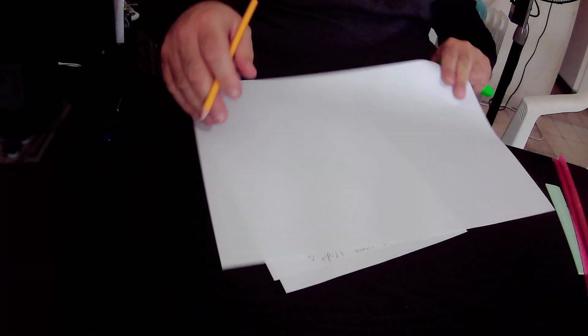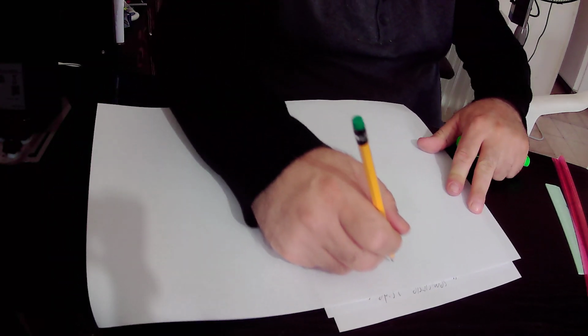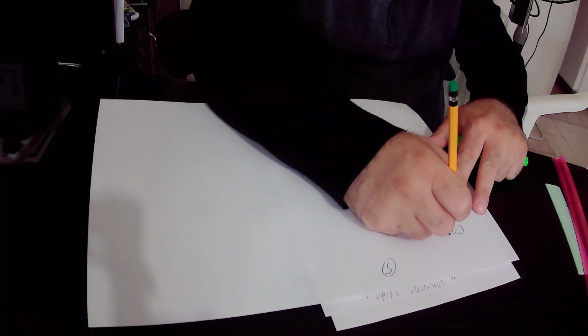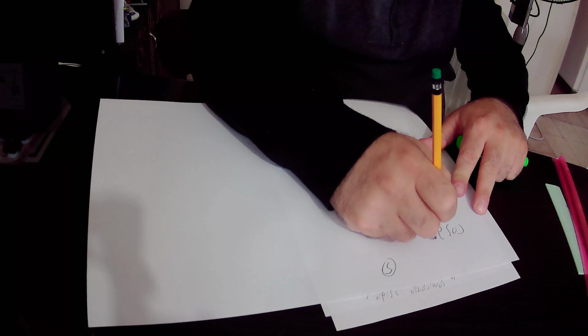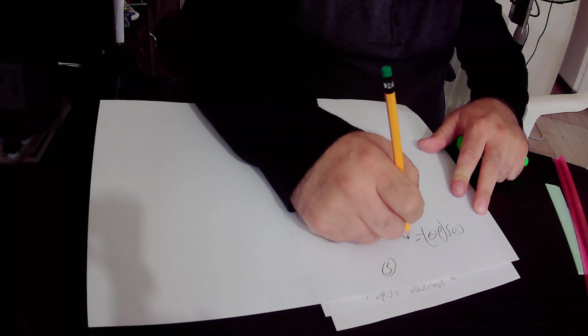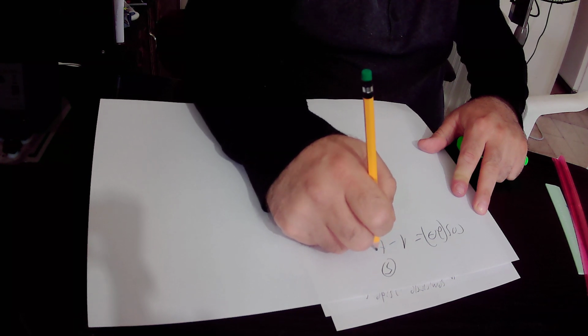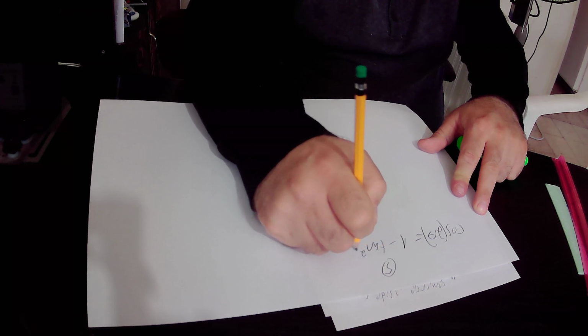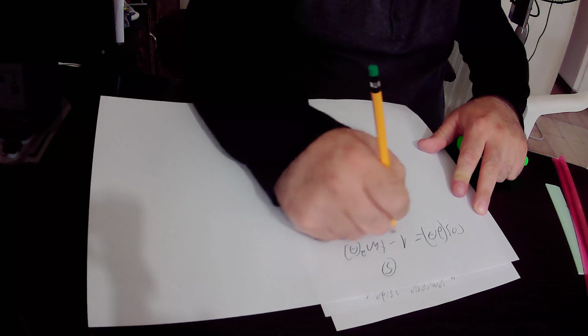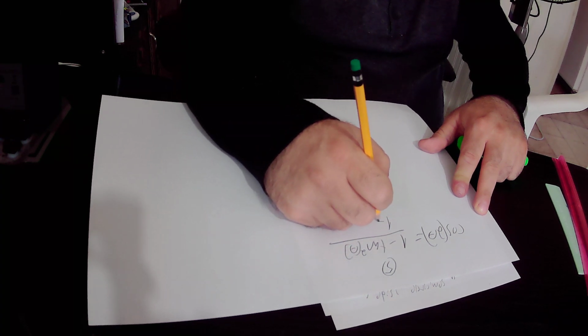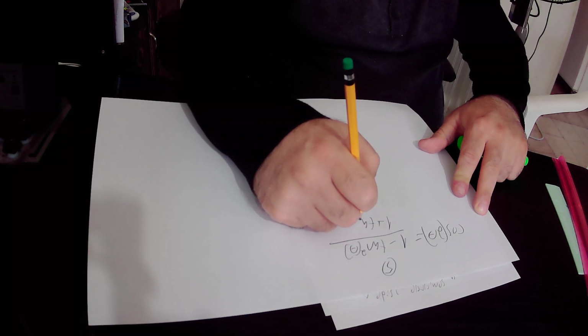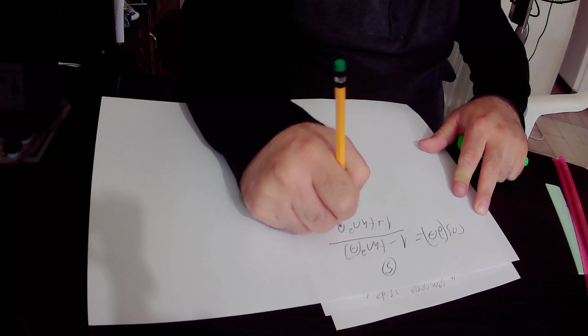According to the following trigonometric identity, cosine 2 theta equals 1 minus tangent squared theta over 1 plus tangent squared theta.